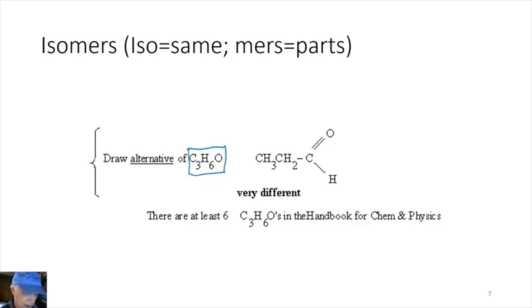So if I look in the Handbook of Chemistry and Physics, I find at least 6 different C3H6Os. So you really have to get beyond that. You have to be able to understand this sort of structure, and you have to be able to get that from there. Okay.